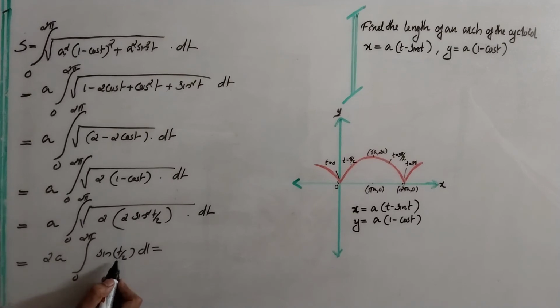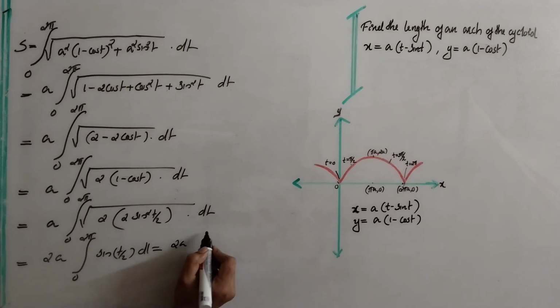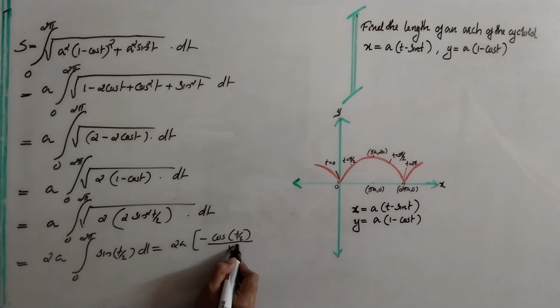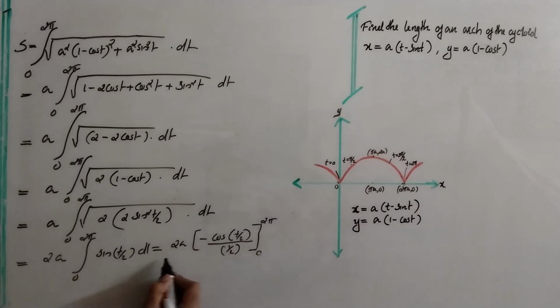Integral of sin t by 2 is minus cos t by 2 divided by 1 by 2, with limits from 0 to 2 pi.